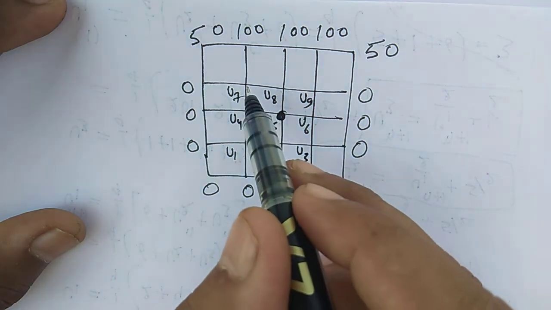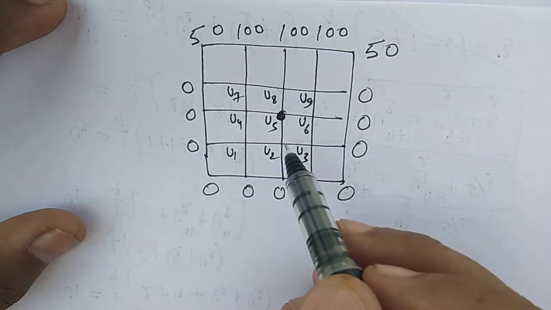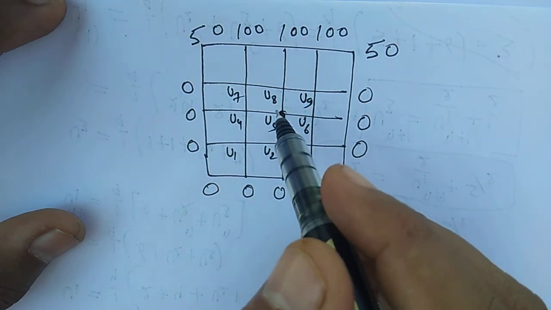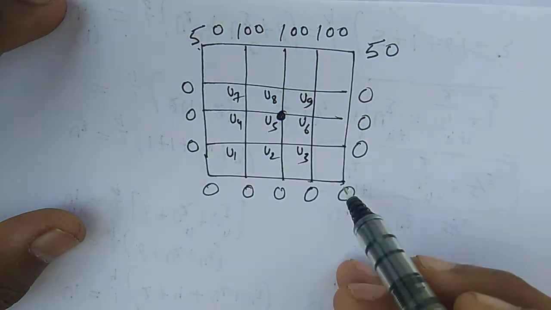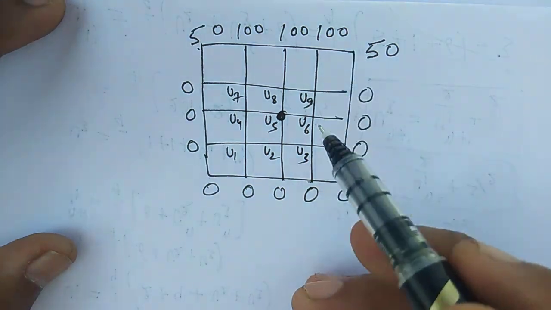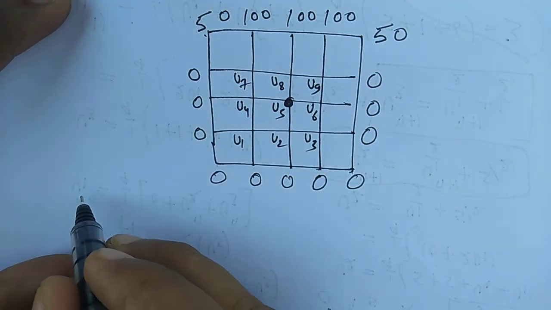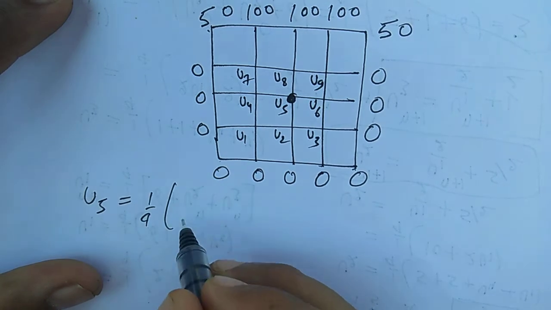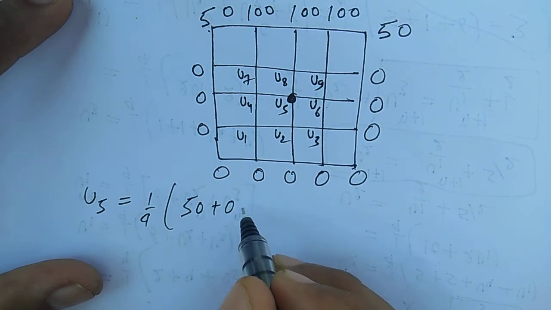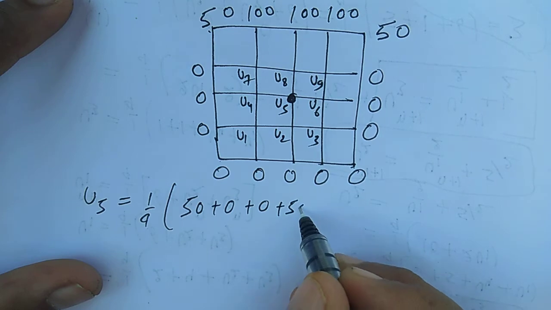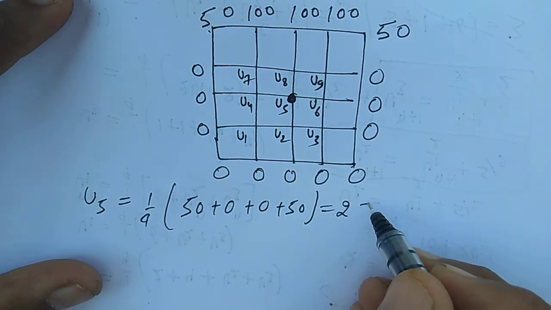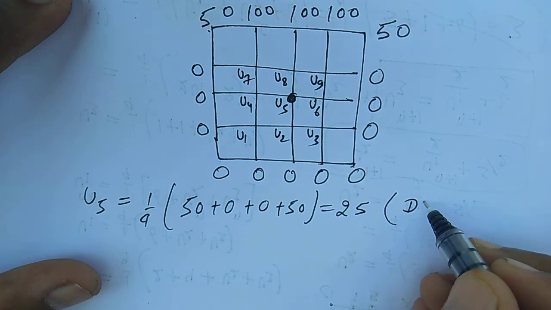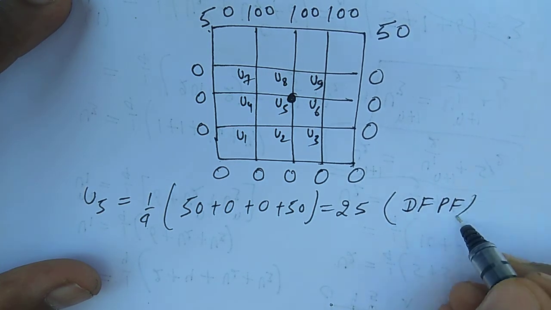We take the diagonal points; we should take u7, u3, u1, u9, but we don't know them, so let us take the boundary values 50 plus 0 plus 0 plus 50. So u5 is 1 by 4 of 50 plus 0 plus 0 plus 50, so we have 25. We can mention here the diagonal 5-point formula.